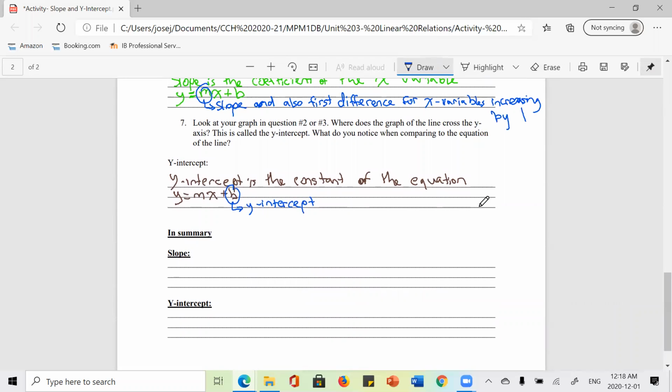So in summary, for a linear equation of the form y is equal to mx plus b, the coefficient of x is the slope.